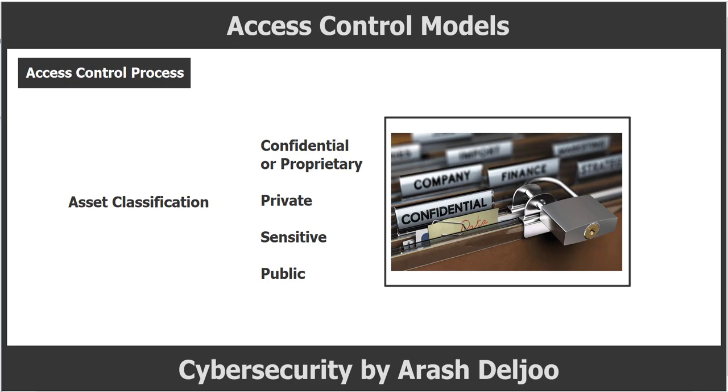Examples of information or assets that could receive this type of classification are internal team email, financial information, and so on. And finally, the public classification means unauthorized access to public information does not cause any significant damage.